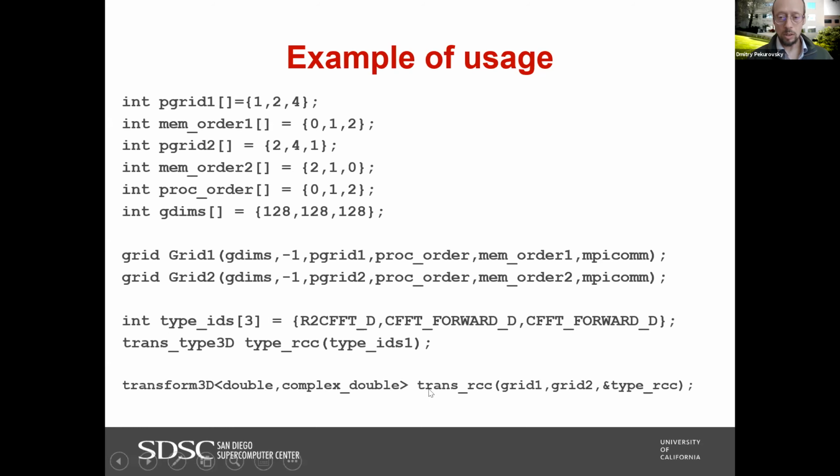Here we define the 3-dimensional transform class, and we initialize this with a constructor for the class, which also includes, as I mentioned, planning. So all you need to do is just give the initial metadata descriptor, the destination grid, and the transform type.